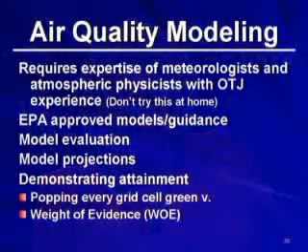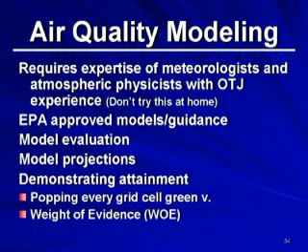Ozone has proven to be a pretty intractable problem for us. There is a belief many times that our models tend to over-predict the problem, or in other words, under-predict the benefit of some of the control strategies. So some attainment demonstrations go to what's called weight of evidence. Weight of evidence is usually done in a situation where the modeling demonstration was unable to project attainment in every grid cell.